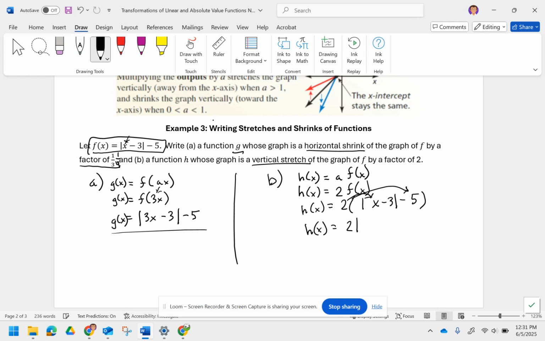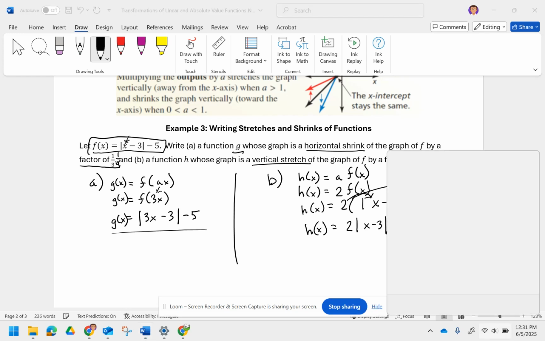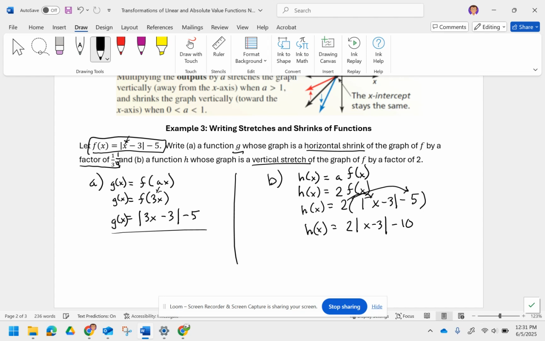So 2 absolute value x minus 3 minus 10. All right, and we've created a vertical stretch of the graph by a factor of 2. I hope this helps. Good luck on your assignment.